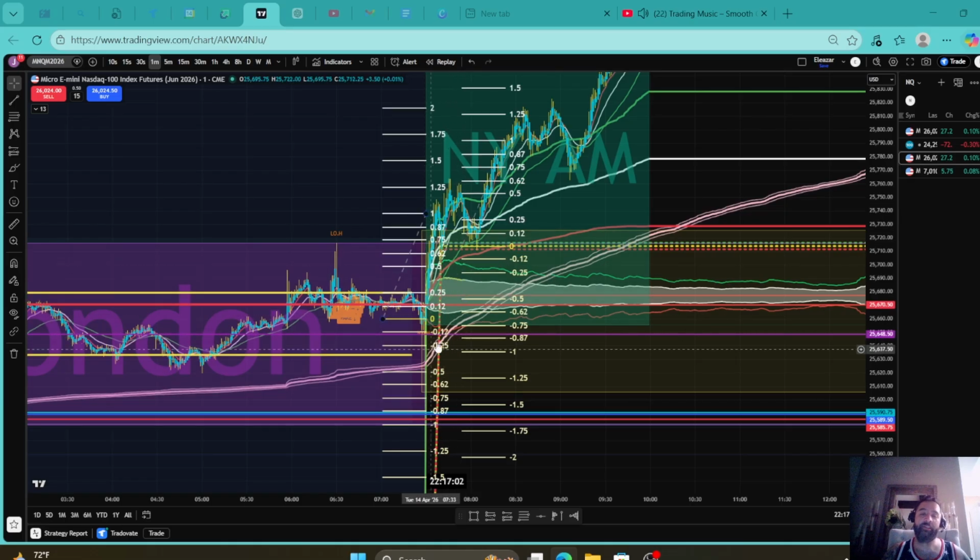Price decided to reverse, and reverse hard. The one clue I missed yesterday was my VWAP, this right here. My eyes were on it like a hawk today, because if market structure is telling us we're going to go down, this is pre-market analysis, and VWAP is going up while price is going down, that's a no-no. That is a warning telling you that you're on the wrong side of the trade.